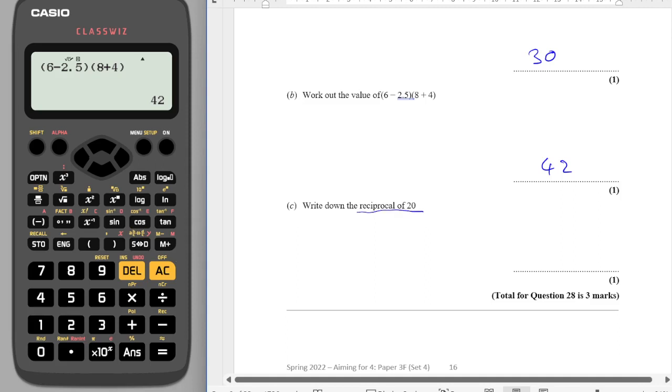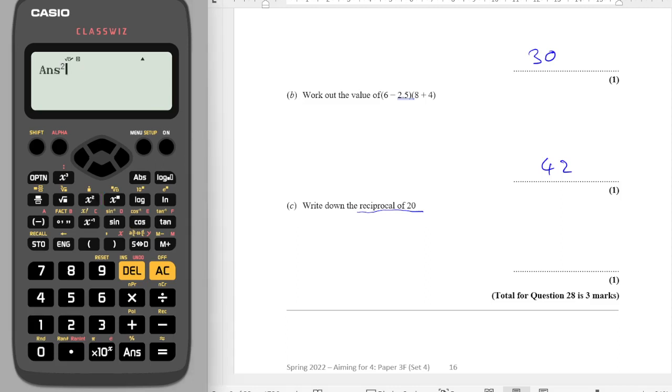Reciprocal of 20. On your calculator, you've got this reciprocal function. I'm struggling to spot it straight away. There it is.